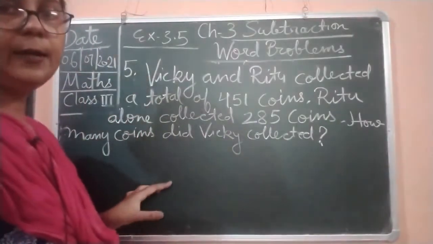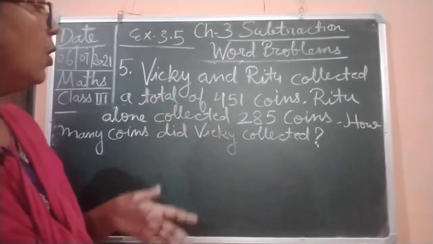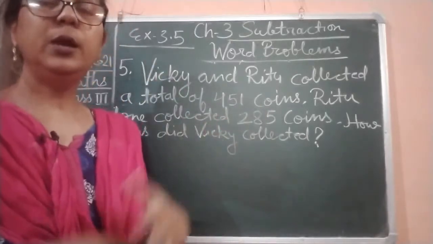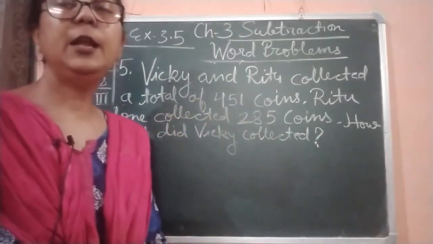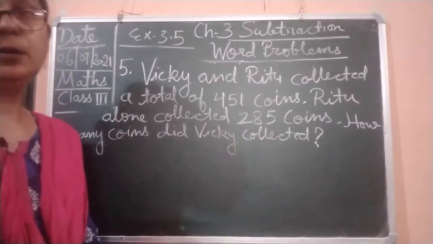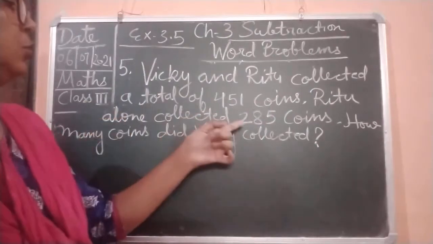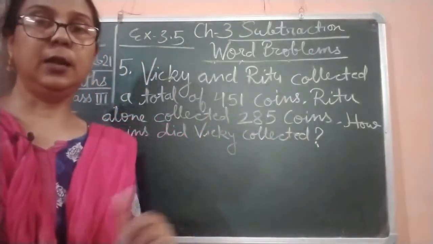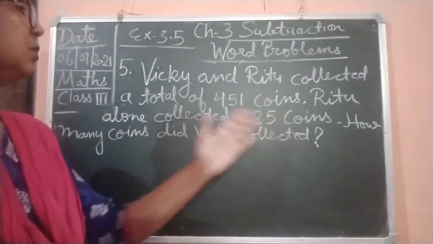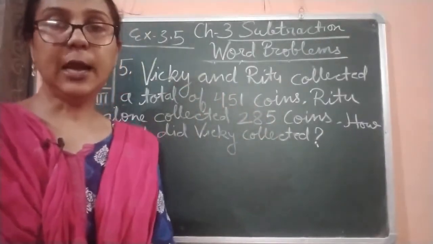First we will understand the first line. Vicky and Ritu collected a total of 451 coins and Ritu alone, individually, collected 285 coins. So what is the question? How many coins did Vicky collect? When Ritu has collected 285, how many did Vicky collect? To find the answer, we have to subtract 285 from 451. That is how we can get the answer.